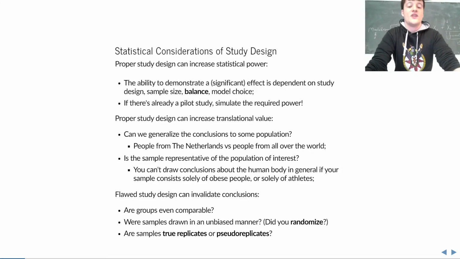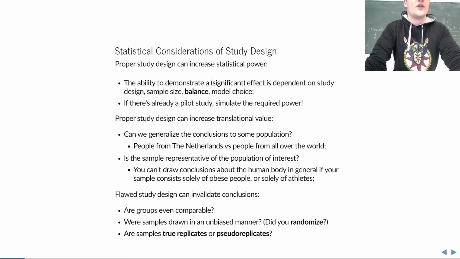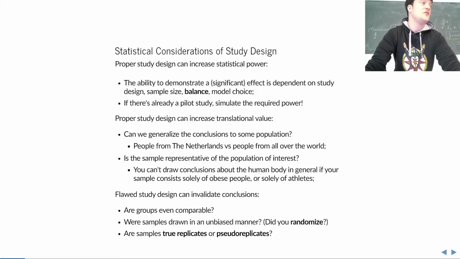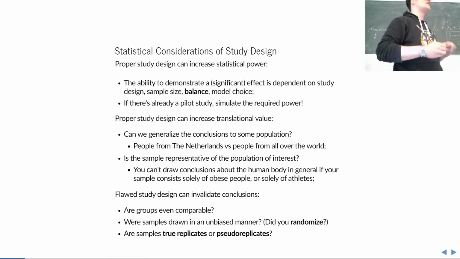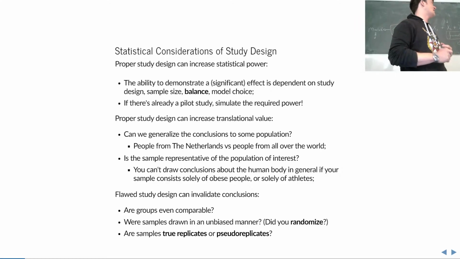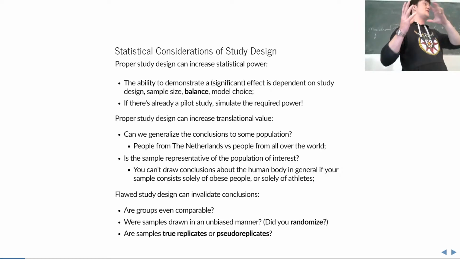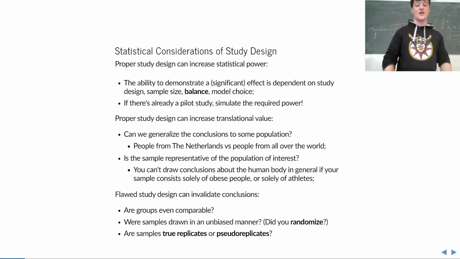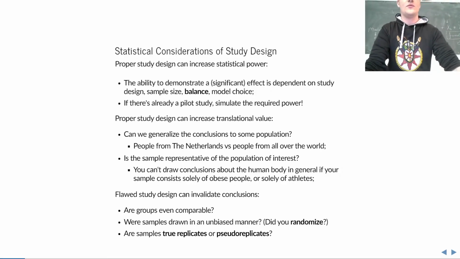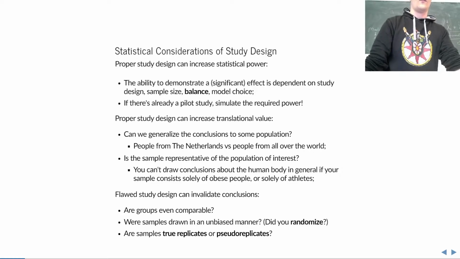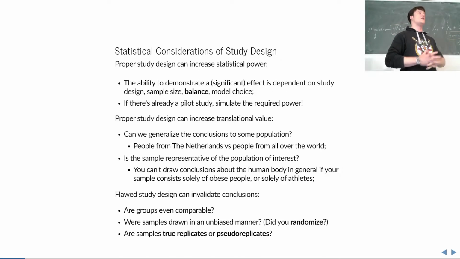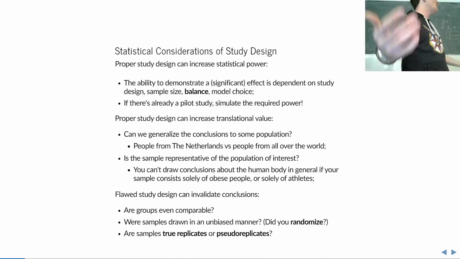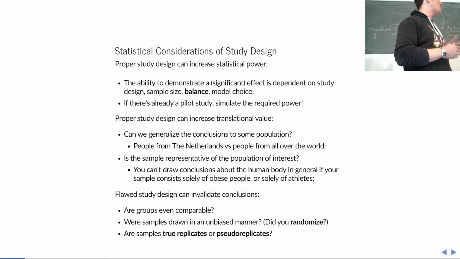So if you want to generalize your conclusions to a certain population of interest, then you have to incorporate that in your study design. So if you sample people from the Netherlands, you cannot just generalize that to the entire world because we have a certain systematic difference from the rest of the world. And if you draw a sample, you have to be aware of what it is representative of, how it was sampled, because you can't just draw conclusions about the whole human body if your sample is only on athletes, which is very common in science, where they take athletes because they're the top performers.